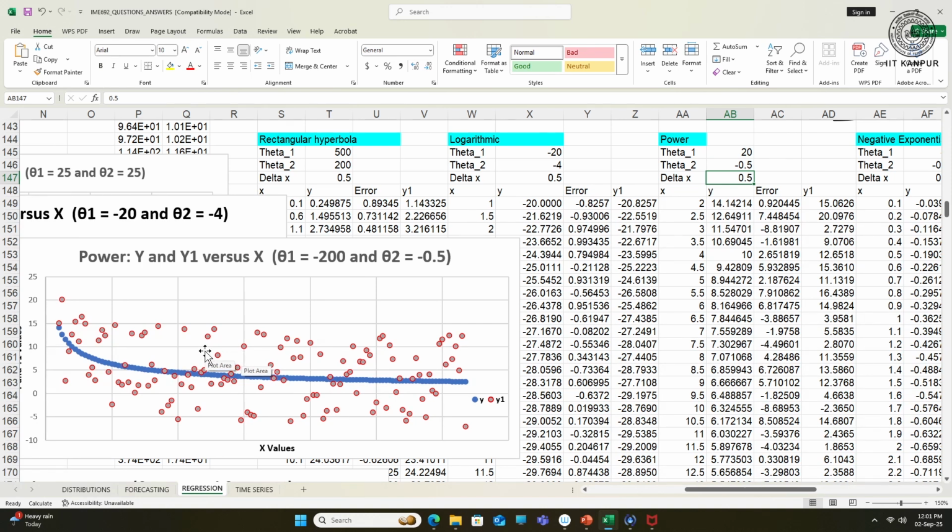Now, actually what we are doing is, for all these cases, for the rectangular hyperbola and then for this power equation or for the logarithmic one, which is the second example, we are aiming to minimize the square of the errors, which is basically the so called variability, and the error is basically the difference between the actual value and the best fit value.